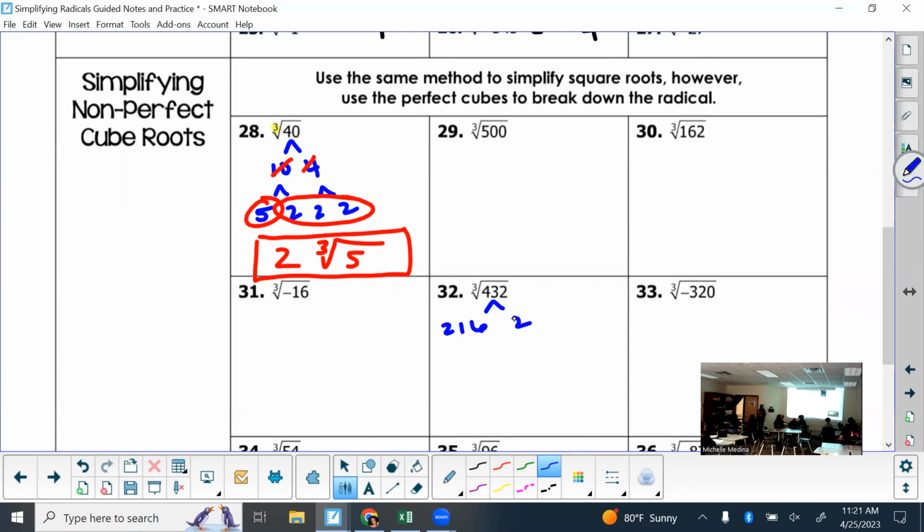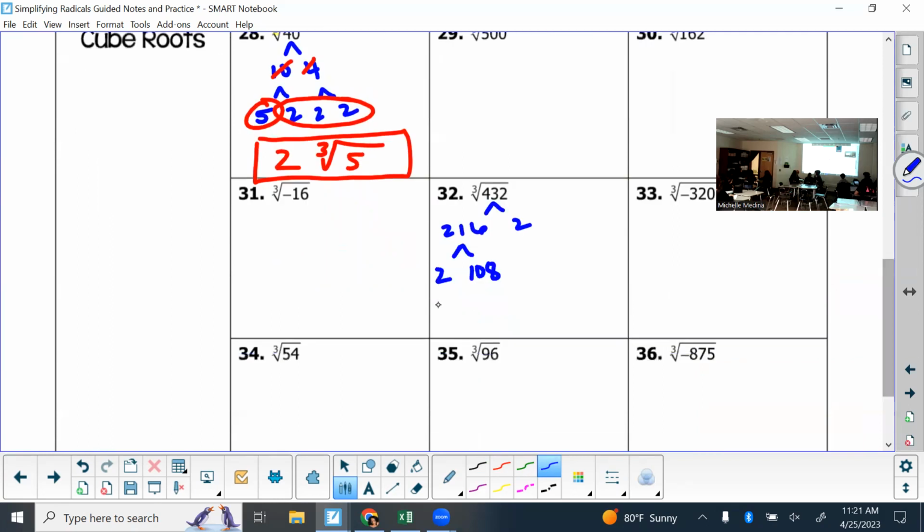I'm sure there are other bigger numbers, but that's all I could think of. 2 is prime, 216 is not. I know because it ends in an even number, so I know that 2 times something, 108, gives me 216. Is 108 prime? No, because it ends again in an even number, so I know it can be broken down into 2 and 54.